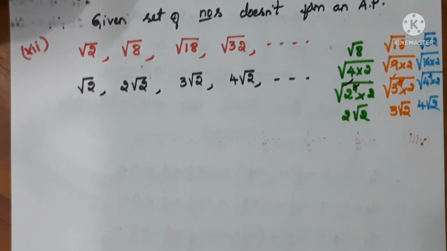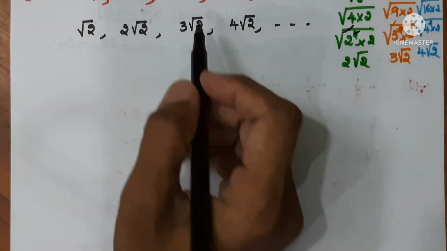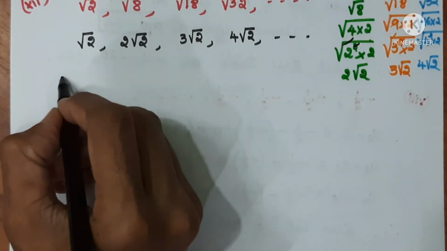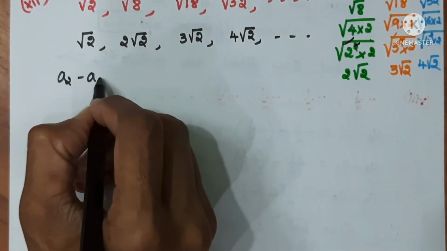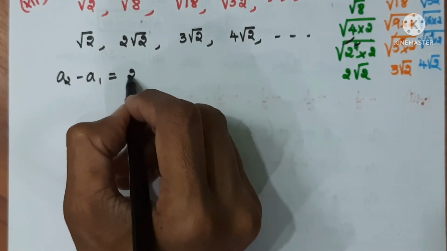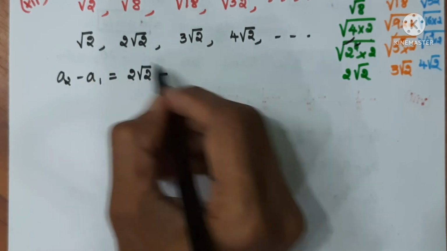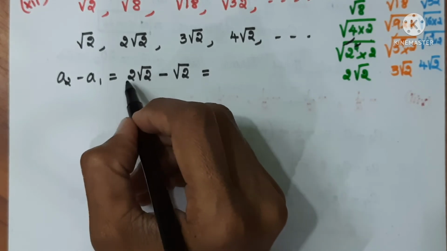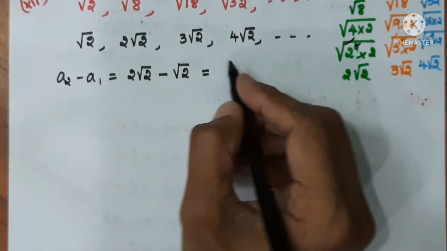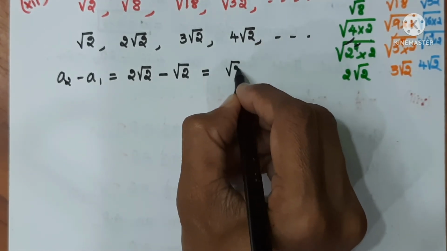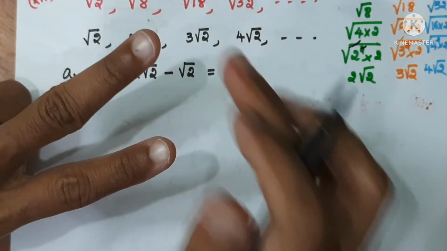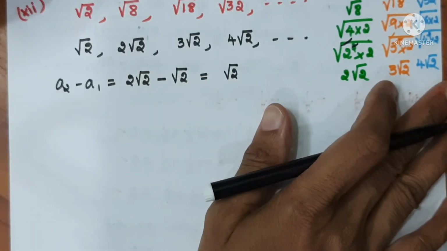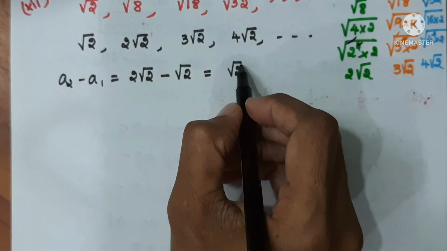First let us find the difference to say whether this forms an AP or not. A2 minus A1 equal to, second term is 2 root 2 minus first term is root 2. In the 2 root 2, if we subtract 1 root 2, we get 1 root 2 remaining.